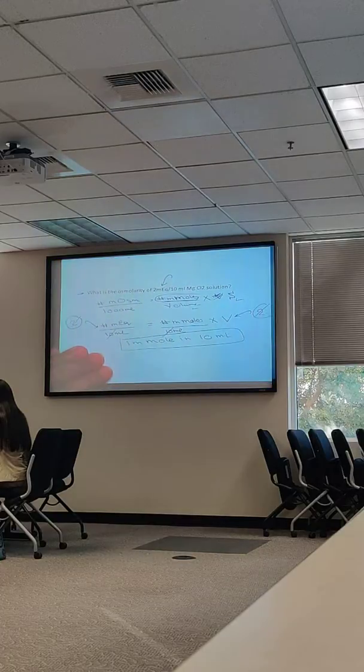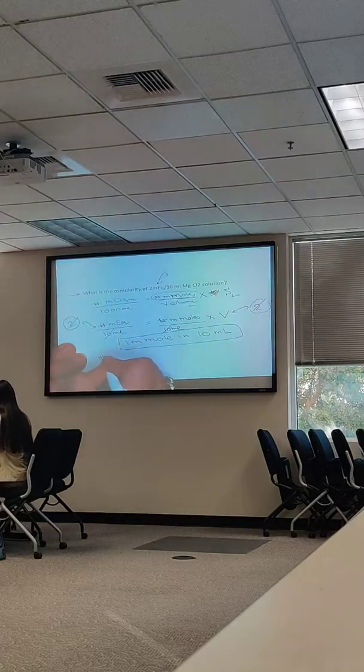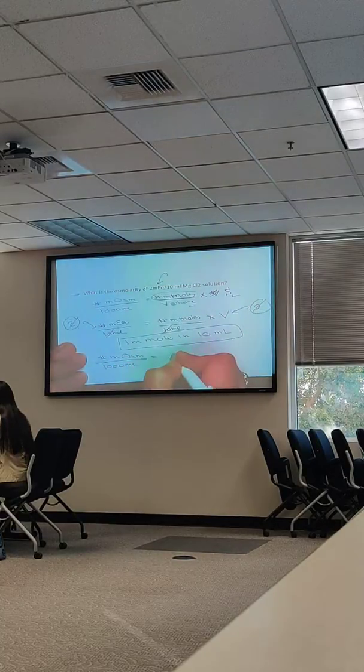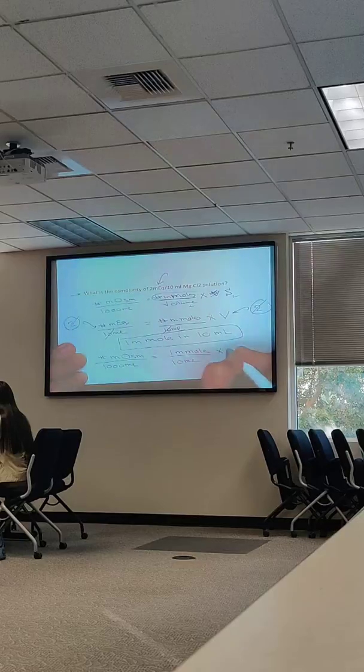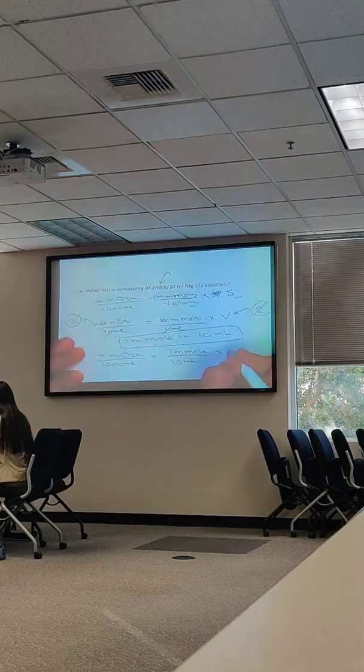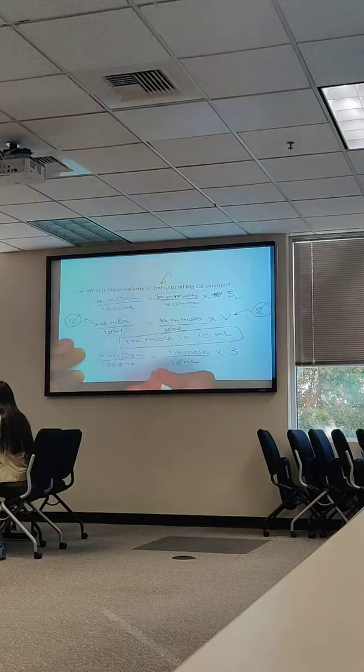Okay, so the number of milliosm per 1,000 milliliter equal, I have 1 millimole in 10 milliliter multiplied by the species, which is 3. Let's cancel this. The answer is 300 milliosmolar.